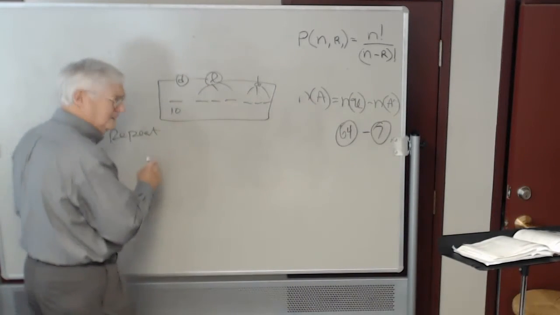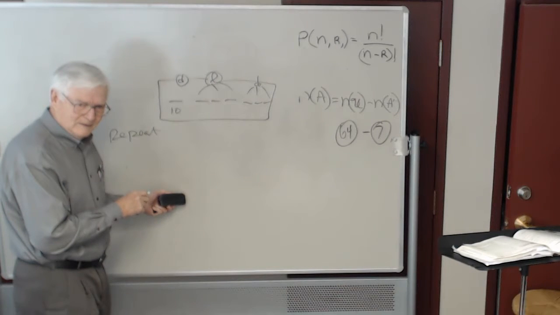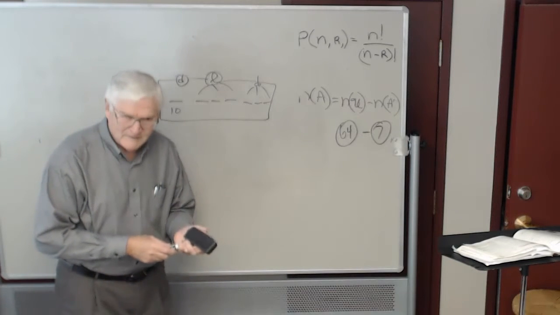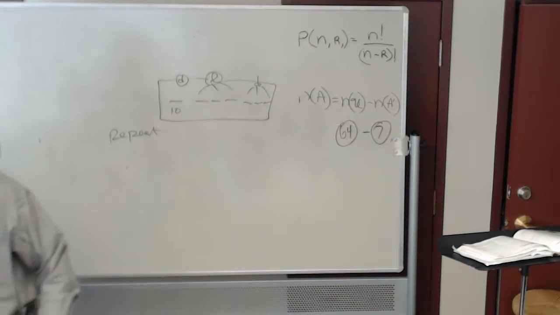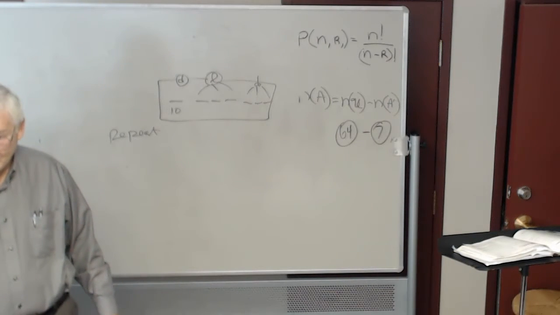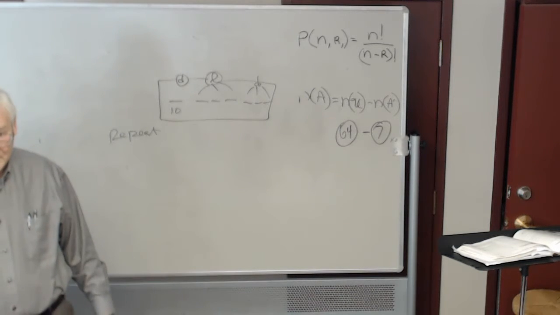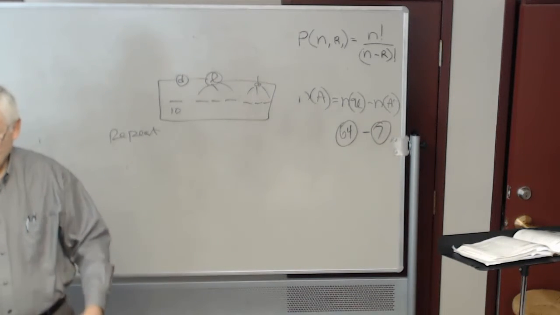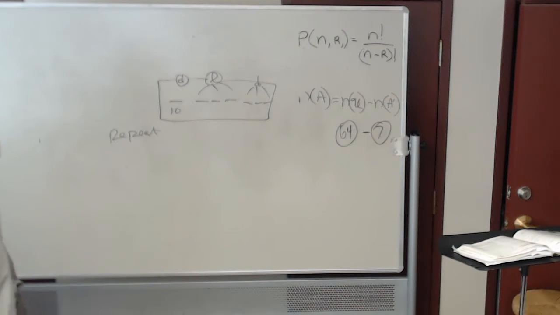Then how many letters? How many letters in the alphabet? 26 or 27. Do you know? Well, let's count them. A, B, C, D, E, F, G, H, I, J, K, L, M, N, O, P, Q, R, S, T, U, V, W, X, Y, and Z. 26.